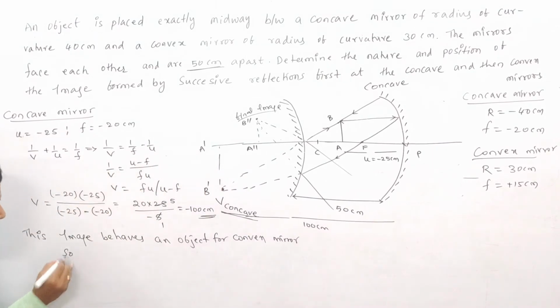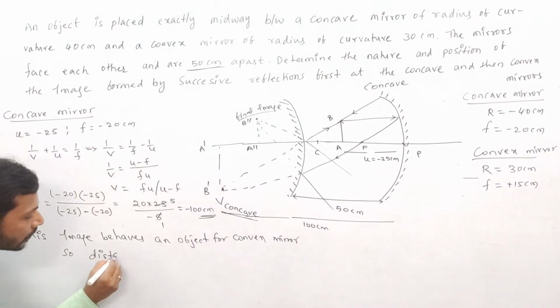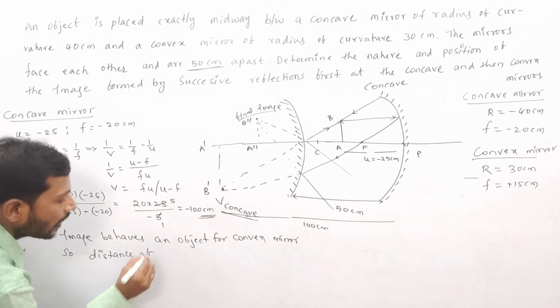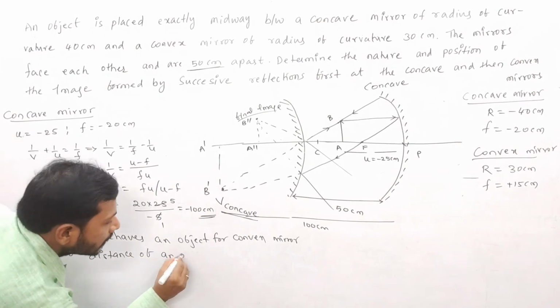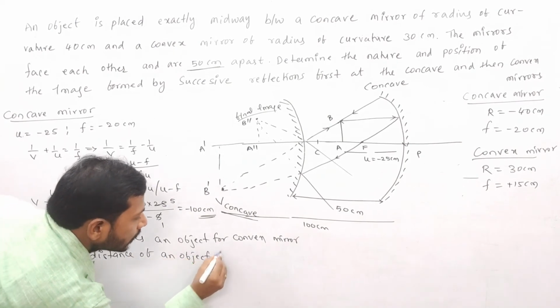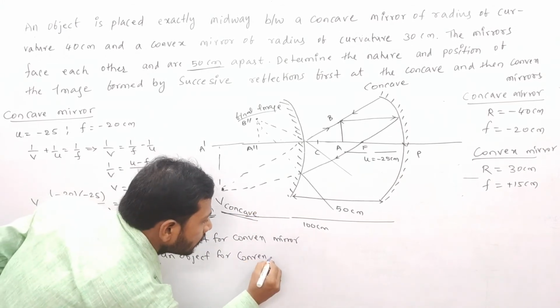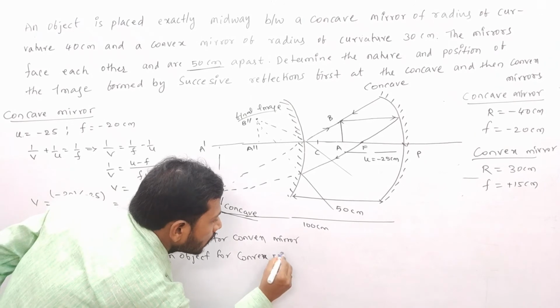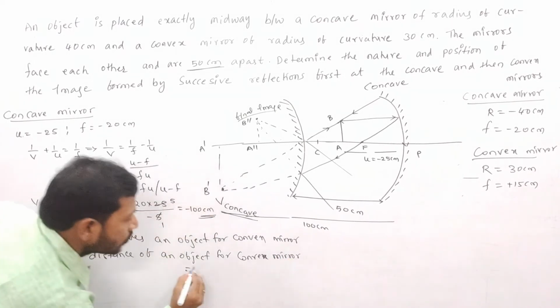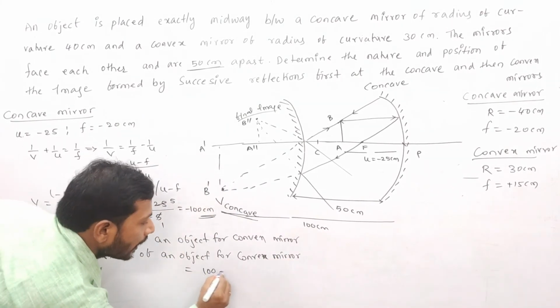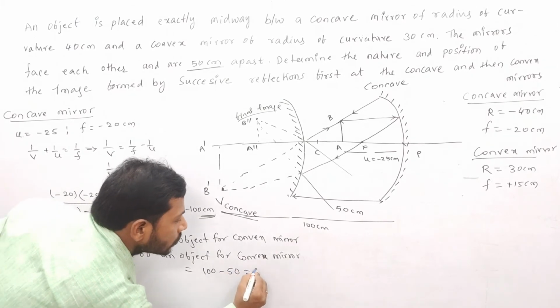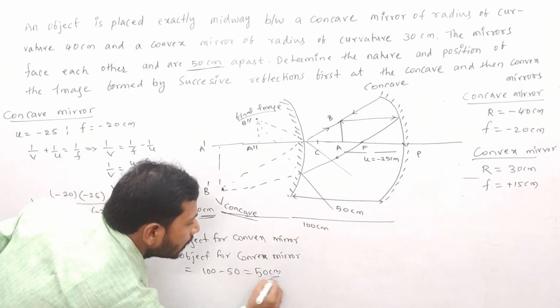The distance of the object for the convex mirror equals 100 minus 50 equals 50 centimeter.